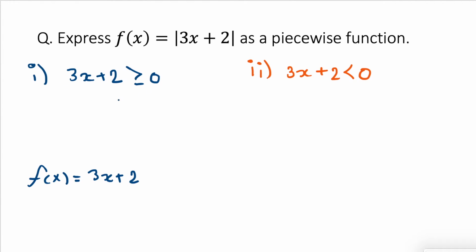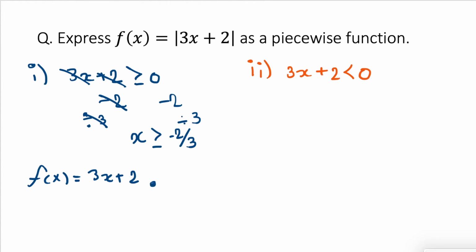But this is not really a great looking condition here. So we're going to simplify this: minus 2, minus 2. And then, in order to get rid of the 3, which is multiplication here, we do division: divided by 3, divided by 3. Alright, so we can say x is greater than or equal to negative 2 over 3.